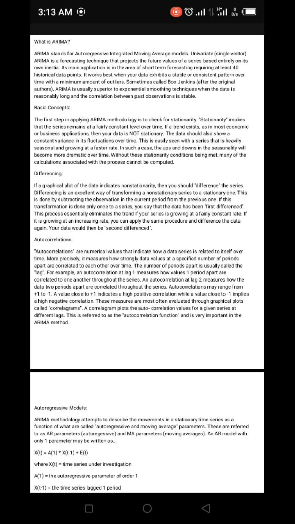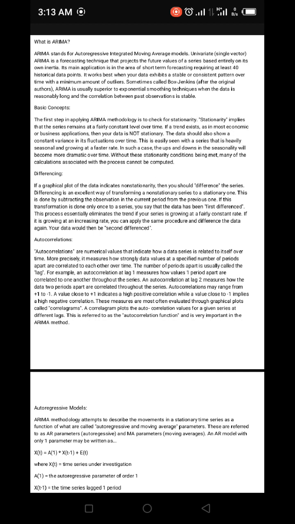Today's topic is going to be on the ARIMA model. Though there are many models like this, I'll talk mostly on the ARIMA. What is the ARIMA model? ARIMA is the autoregressive integrated moving average model.